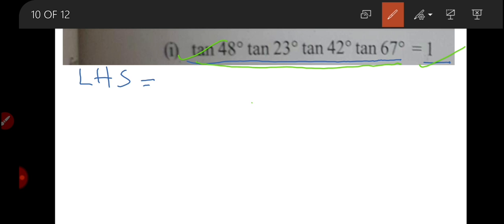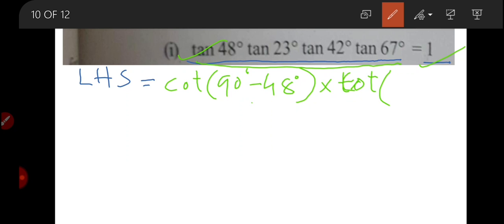Tan 48 degree you can write as cot(90 degree minus 48 degree), into cot(90 degree minus 23 degree), and tan 42 degree remains same, and tan 67 degree also remains same.